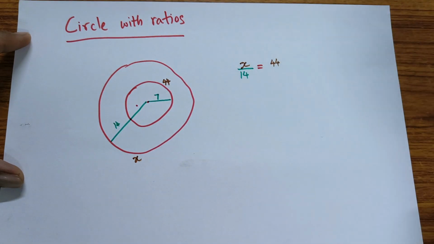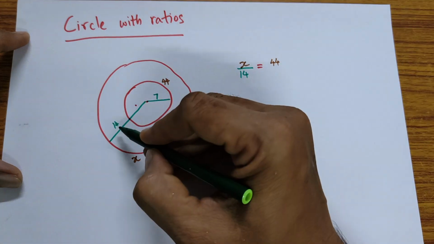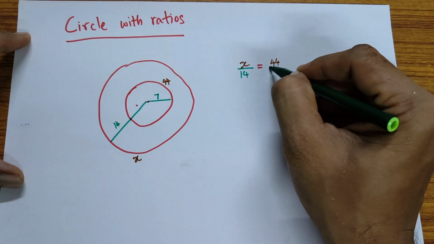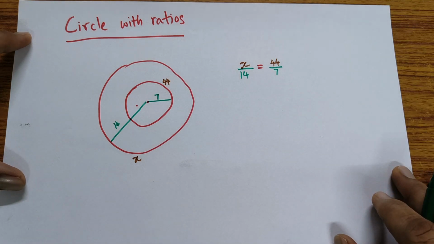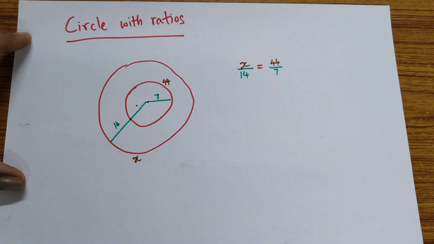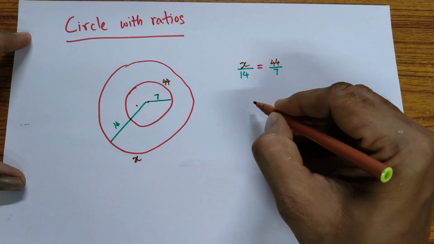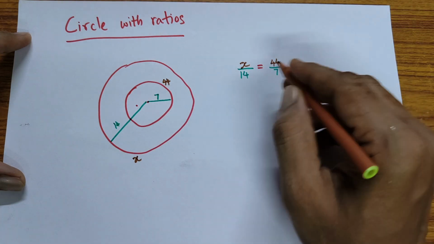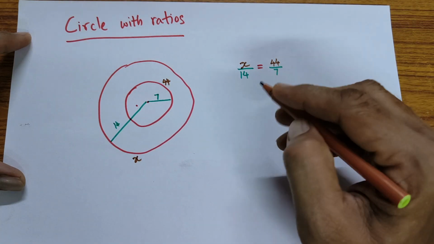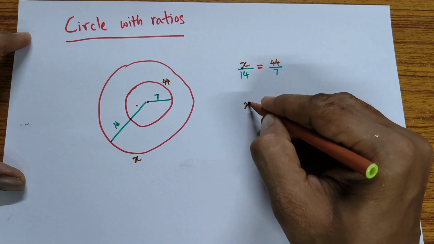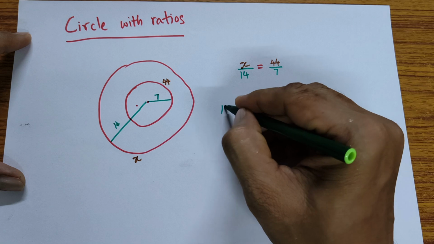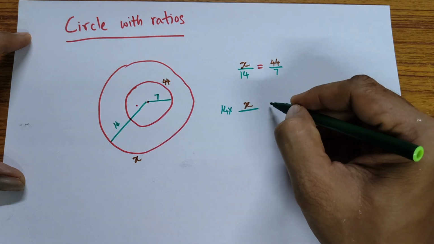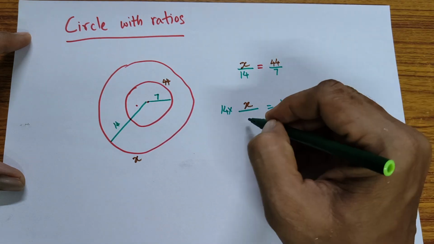So I say 44, and 14 is the radius, corresponding to that, the radius is 7, right? And so the next step is that my x, I multiply both sides by 14. The 14 here gets cancelled. I multiply both sides of the expression by 14.